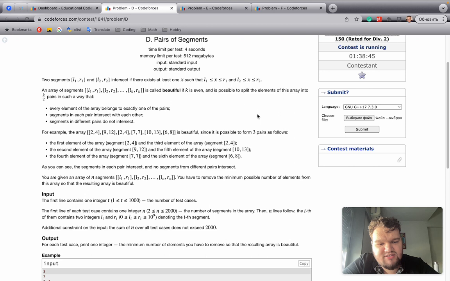It kind of seems like maybe DP, where what I want to do is choose the intersection points. We can choose intersection points, and for each intersection point we need to leave exactly two segments containing that intersection point, and then we have to remove all segments that intersect with either one of them.